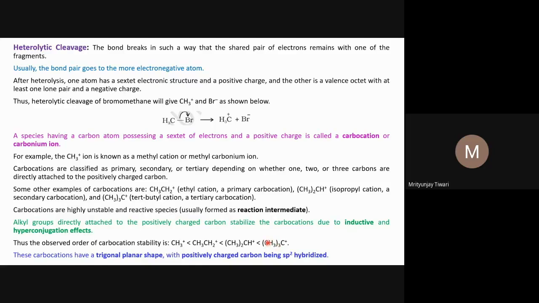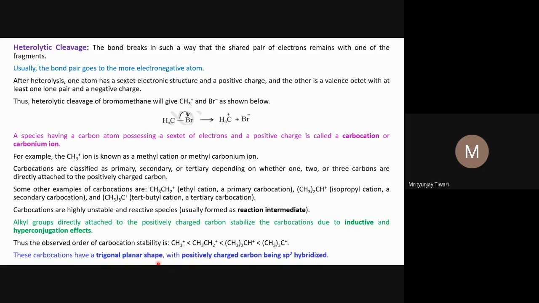These CH3 groups could be ethyl groups, propyl groups, or any other alkyl group. Here they are methyl. This carbon atom having positive charge is linked to two different alkyl groups; this one is linked to only one alkyl group, so primary. This is secondary because of two alkyl groups, and this one has three alkyl groups. So tertiary; with no alkyl group it is the methyl carbocation, and that is why this is least stable.